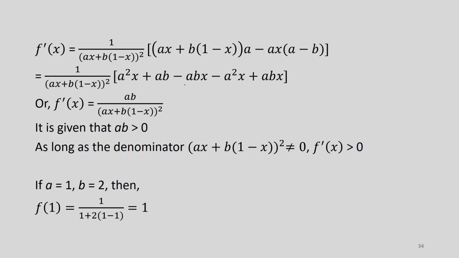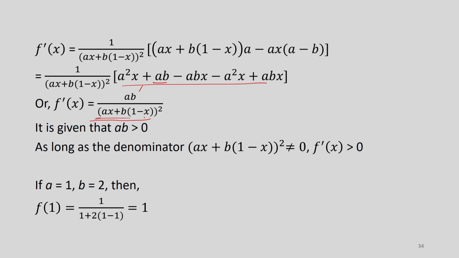Actually, many terms will get cancelled out at this stage, and only one term remains, which is a b in the numerator. So f prime of x is equal to a b divided by a x plus b of 1 minus x whole square. Now, it is given that a b is greater than 0, which means the numerator is positive.